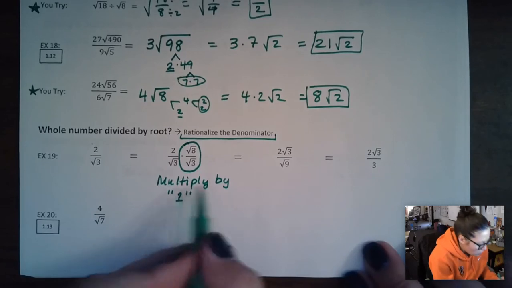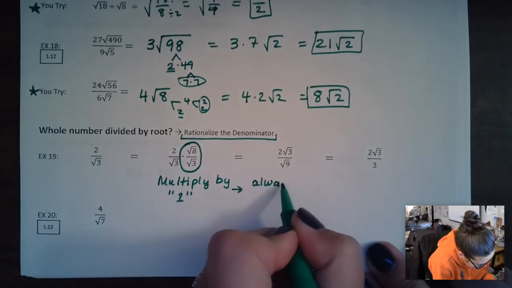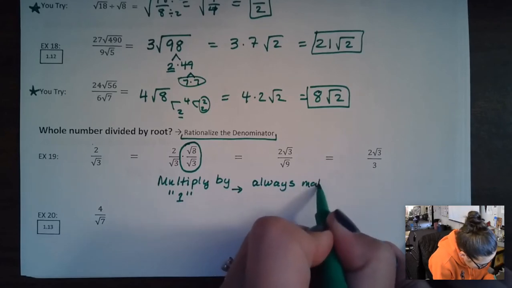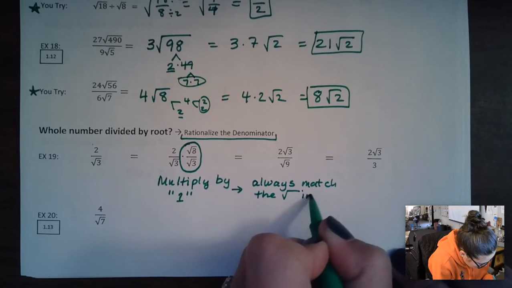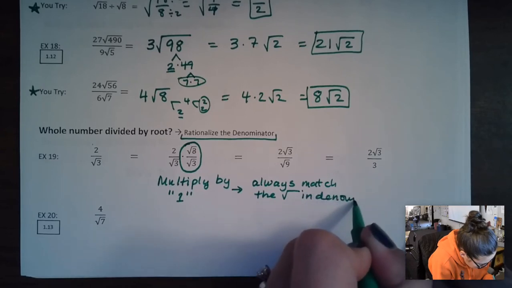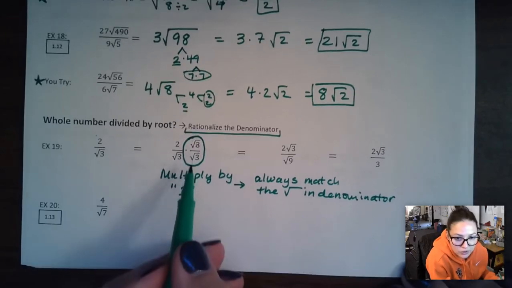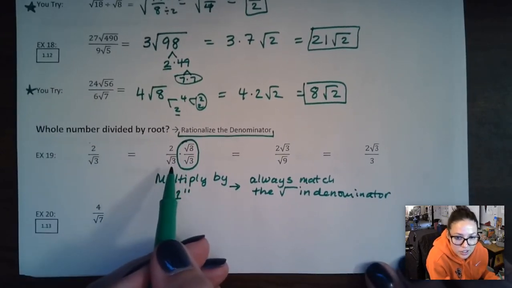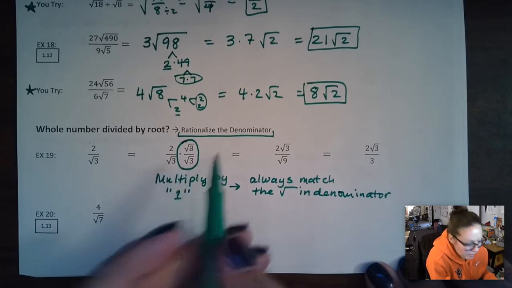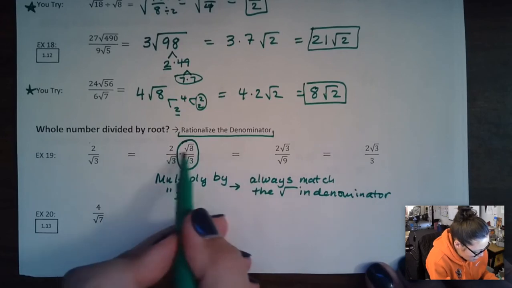And the 1 should always match the square root in the denominator. So we chose square root of 3 over square root of 3 because it is square root of 3 that's originally in the denominator.